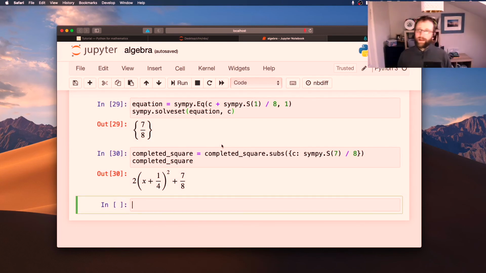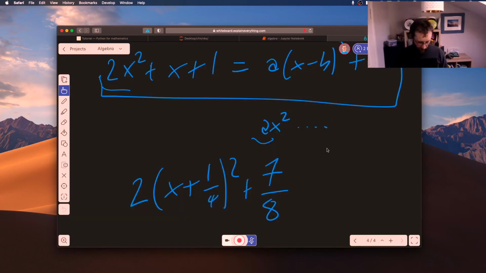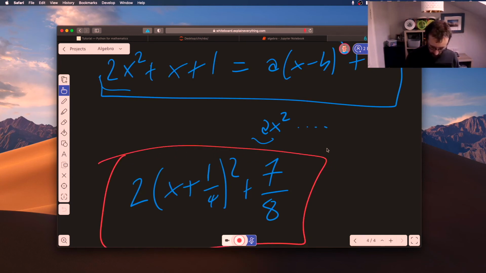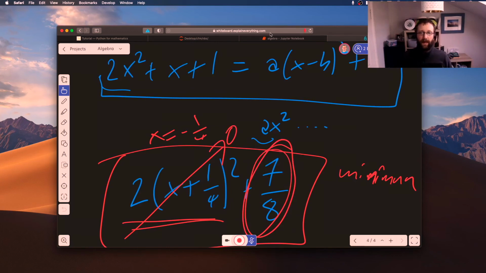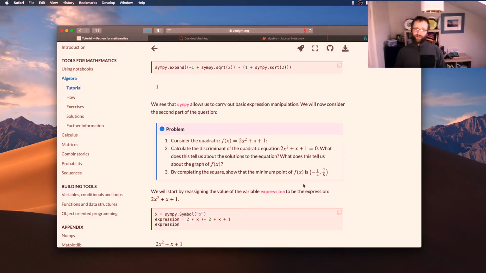Some of you, it might already be apparent what's going on here, but what we have is that all these terms here are non-negative, and so the way to make this as small as possible, remember we're asking for a minimum, is to make the only term we can as small as possible, which is this one, and the smallest that will be is when x is equal to minus 1/4, because that makes this 0, at which point the minimum value is 7/8, which is what the question suggested.